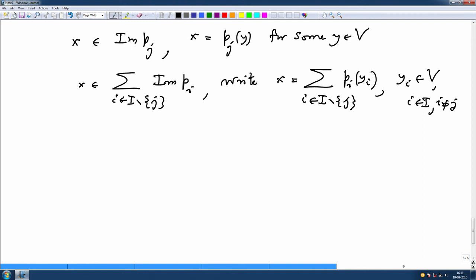So we have written x like that, and we want to conclude from here that x is 0. So apply Pj to this equation.